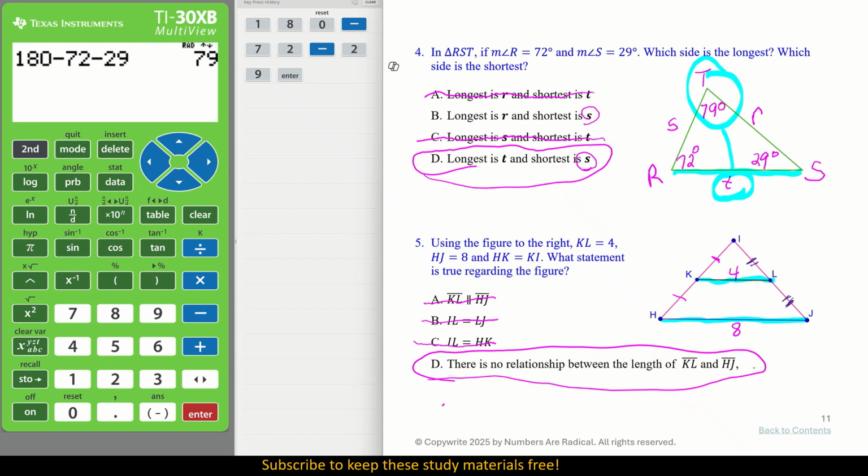If I took K right here and I moved this line up enough, I could get it to equal 4 again. There is a way and it can be done.